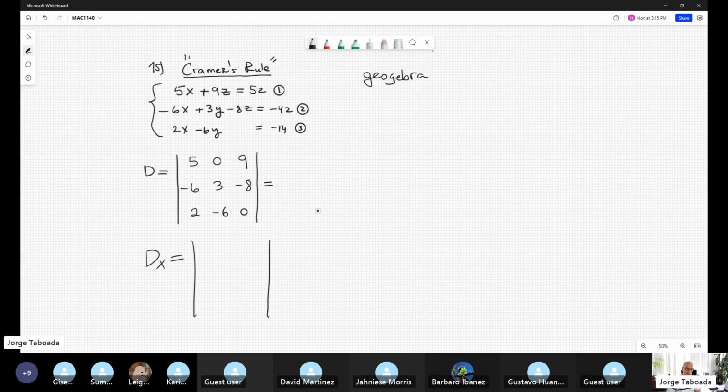It's the same determinant D, but you replace the column of x with the right-hand side numbers: 52, minus 42, and minus 14. This is the new Dx, and the rest stays the same.